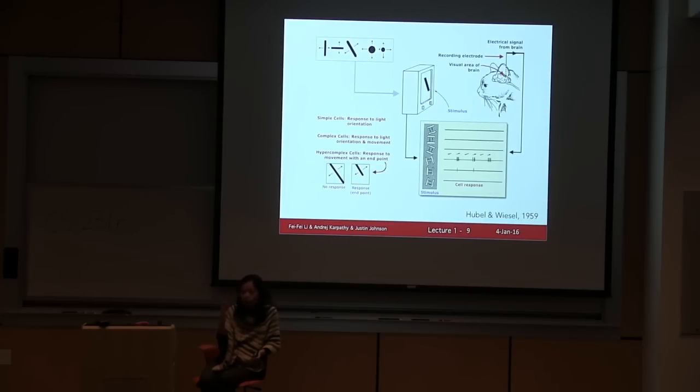So they really chased after that observation. If they had been too frustrated or too careless, they would have missed that. But they were not. They chased after it and realized neurons in the primary visual cortex are organized in columns.